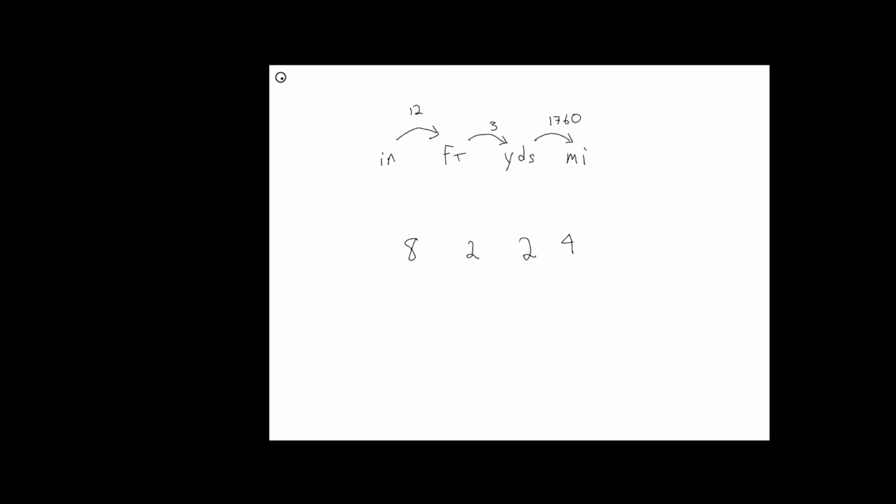So we have the 8224 rule, which is going to tell us the relationship between fluid ounces and cups, and then pints and quarts and gallons. This is how they grow.